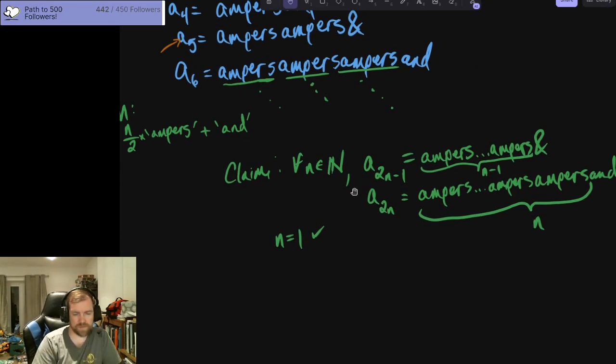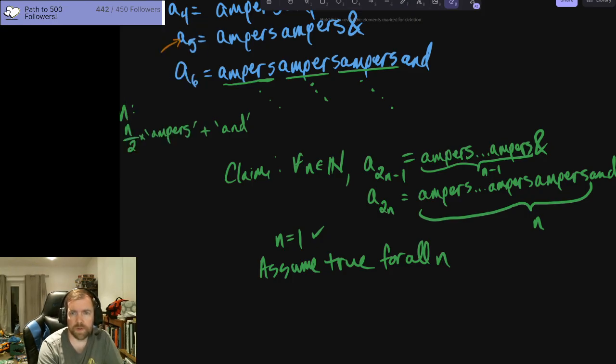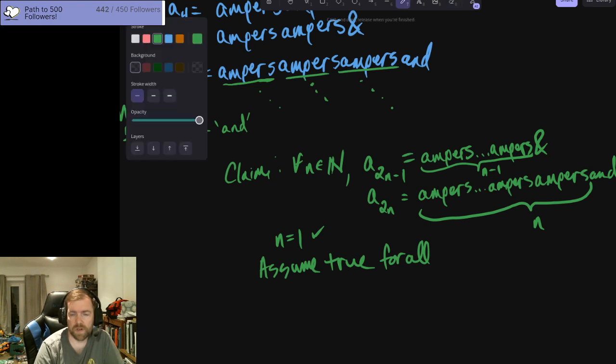That's how that works. Then we're going to assume this is true for all natural numbers less than whatever that n we've chosen is.